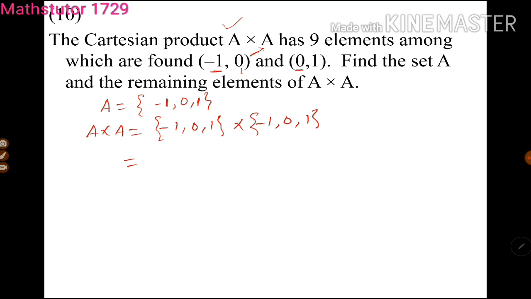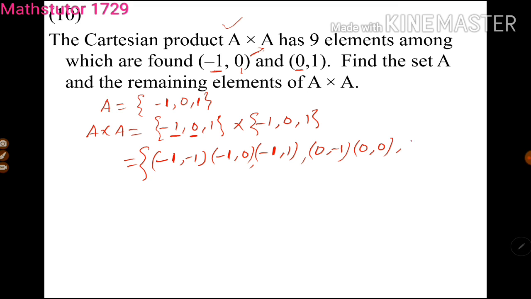Now make the ordered pairs. Fix the element -1 in A. Now make the ordered pairs with the three elements in set A: (-1, -1), (-1, 0), (-1, 1). Next, fix the element 0: (0, -1), (0, 0), (0, 1).